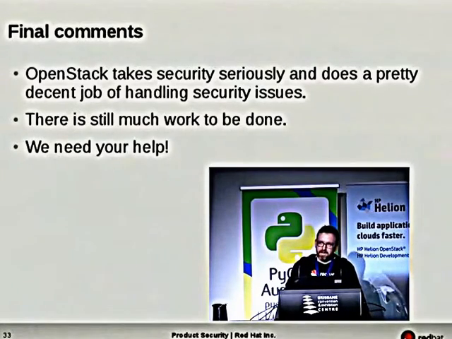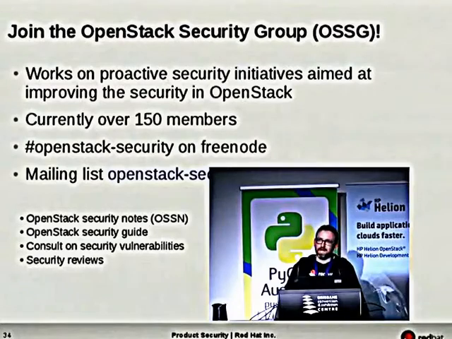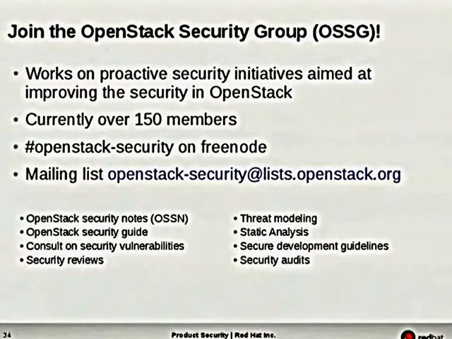So if you're a security person and you're interested in helping out, one of the things I didn't have enough time to cover as much as I'd like was the good work that the OpenStack Security group do. That's a much larger group of people interested in security. They do a range of different things trying to proactively improve the security of all the OpenStack projects.